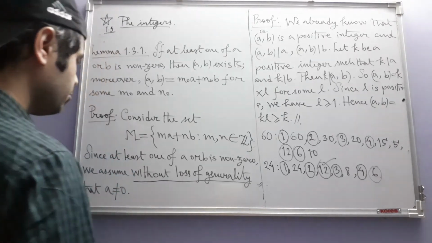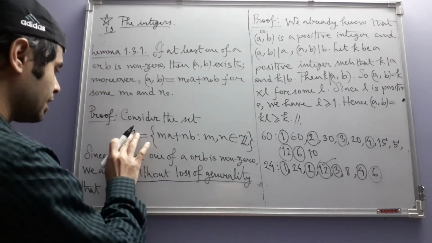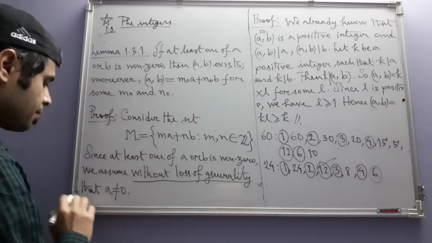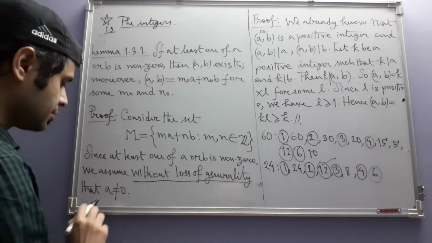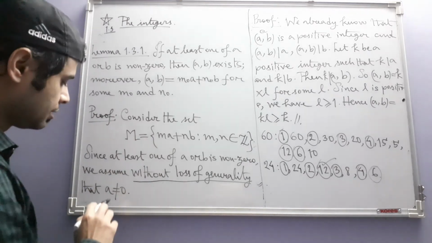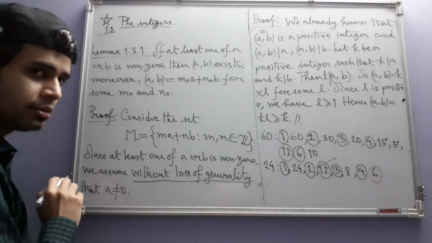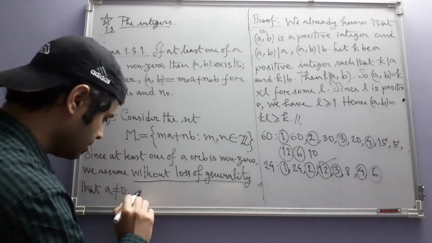Okay, so now what is it that we are trying to achieve? Now, since this is non-zero, two cases arise. Either this is a positive integer or this is a negative integer.